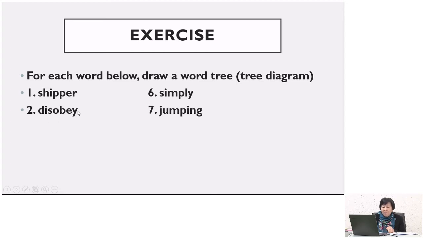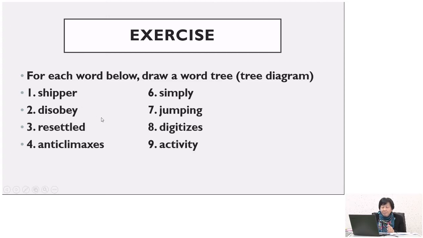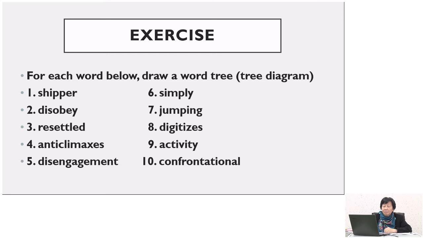For example, you have to explain this, and I ask you to draw a word tree, or tree diagram, to explain it, just to say how many morphemes you get from this form of the lexeme. Okay, so there are 10 together here.